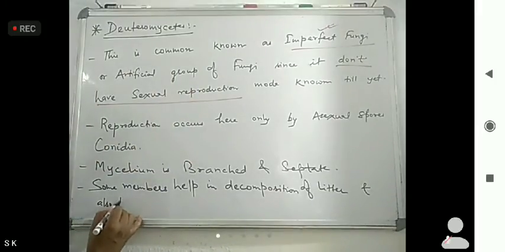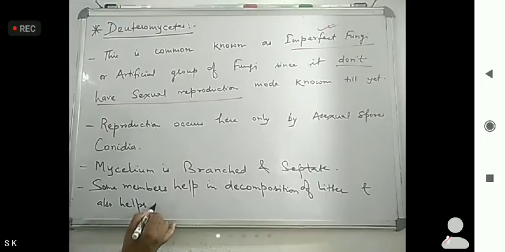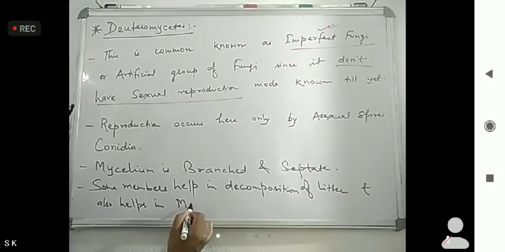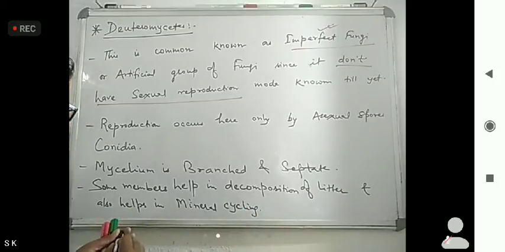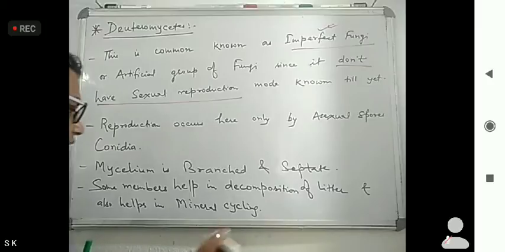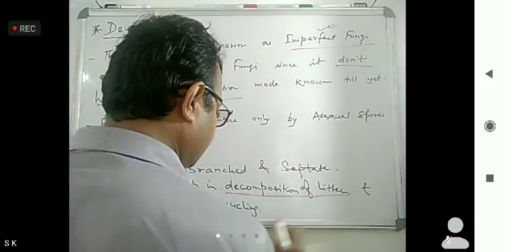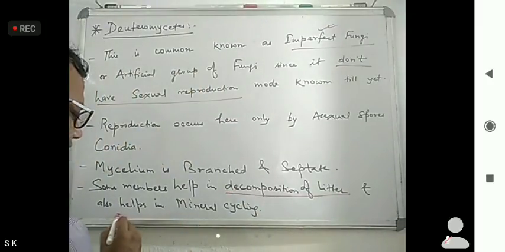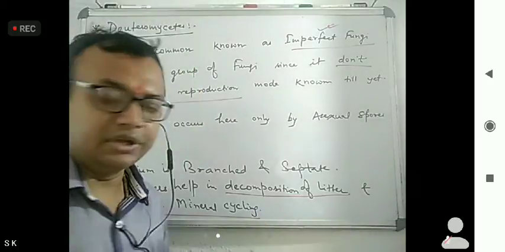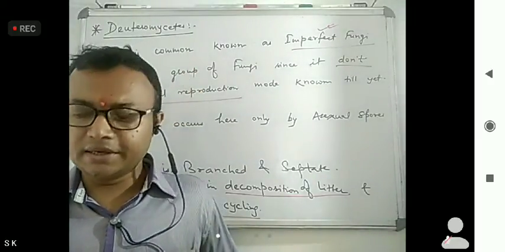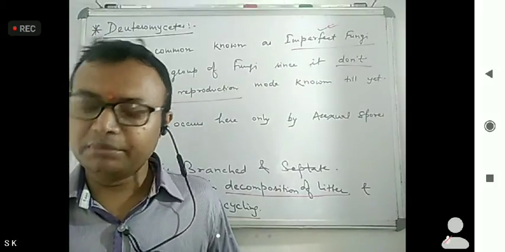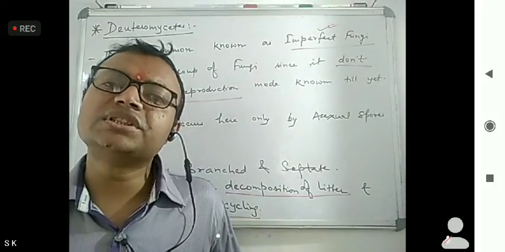So decomposition of litter and also helps in mineral cycling. Okay, so this is an important one. Some members helpful in decomposition of litter and also help in what? Mineral cycling. Now example is Alternaria is there, Trichoderma is there, Colletotrichum is there.